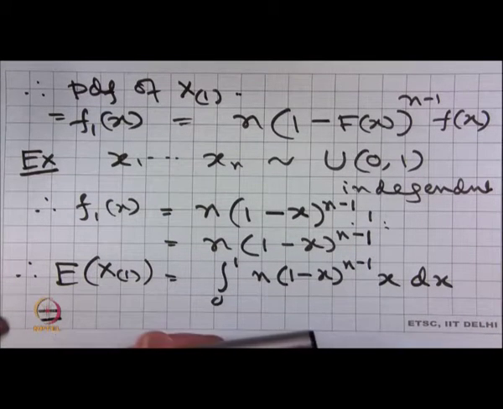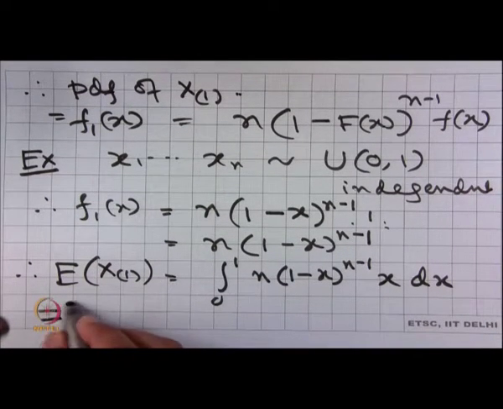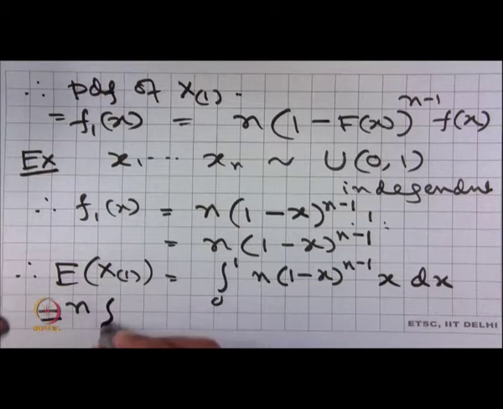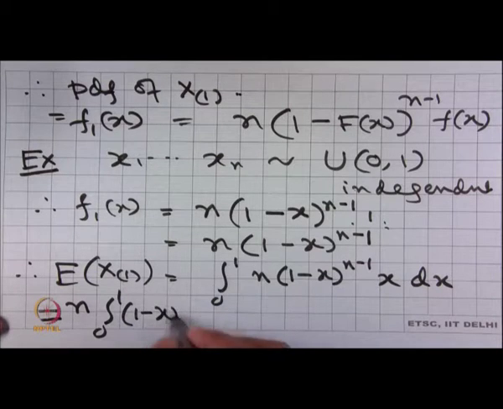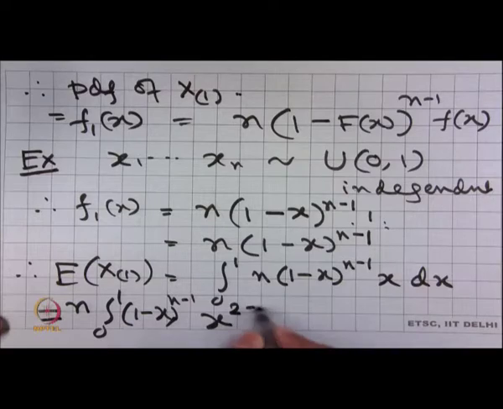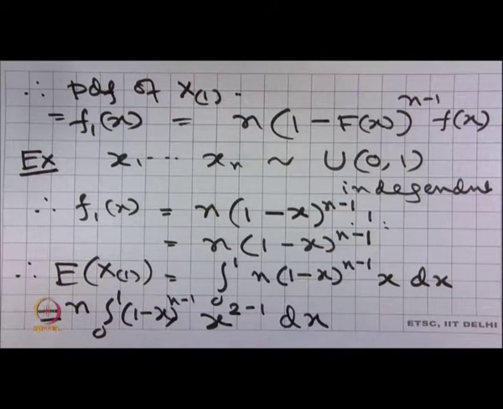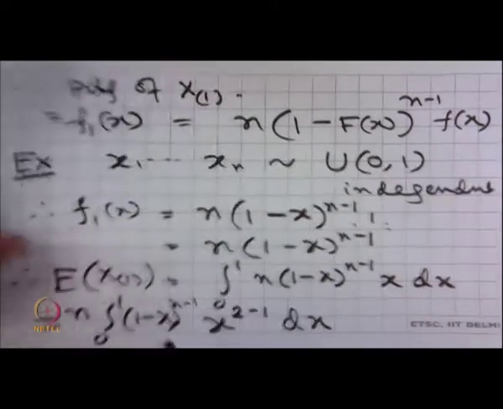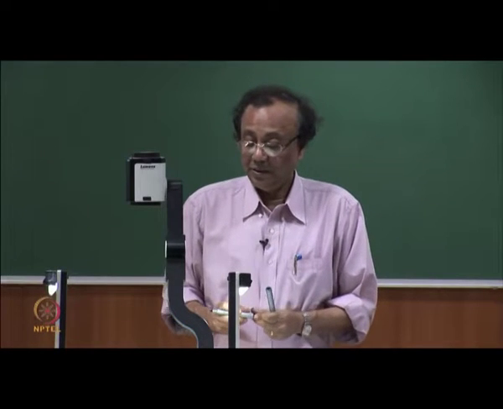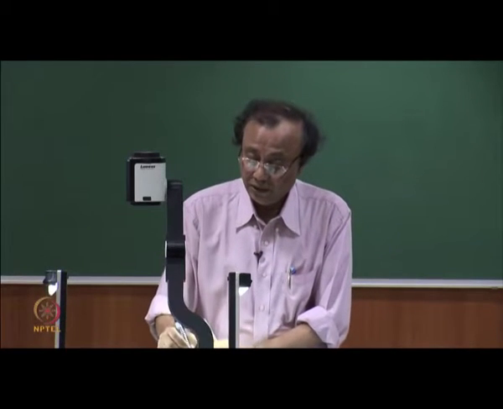How do you integrate that? This is n into integration 0 to 1, 1 minus x whole to the power n minus 1, x to the power 2 minus 1 dx. And this comes under our familiar beta integral, right.